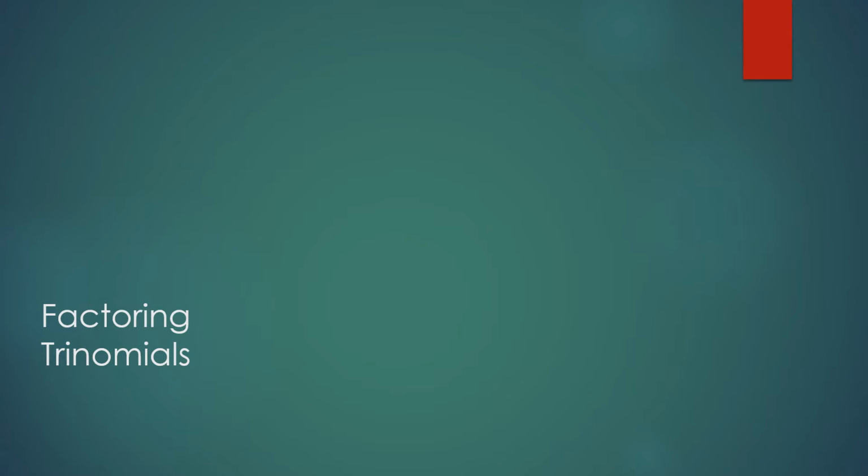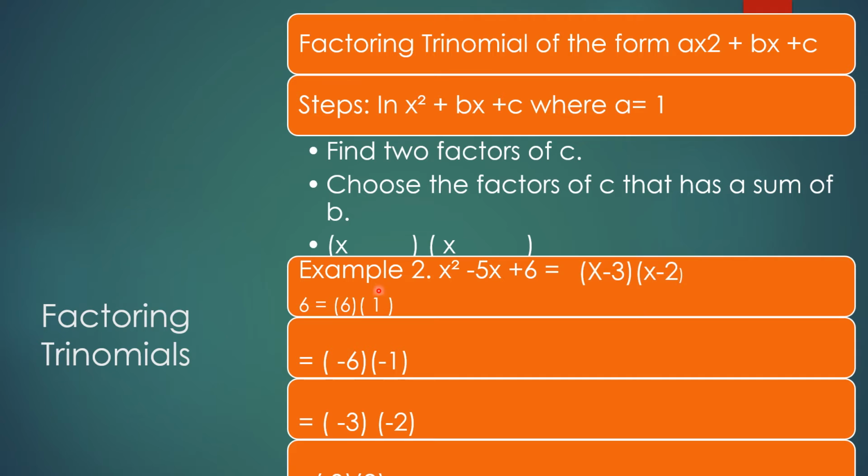Let's have another example. We have here x squared minus 5x plus 6. First, find two factors of c. Again, the value of a here is 1. So we have 6 equal to 6 times 1, or negative 6 times negative 1, or negative 3 times negative 2, or positive 3 times positive 2.